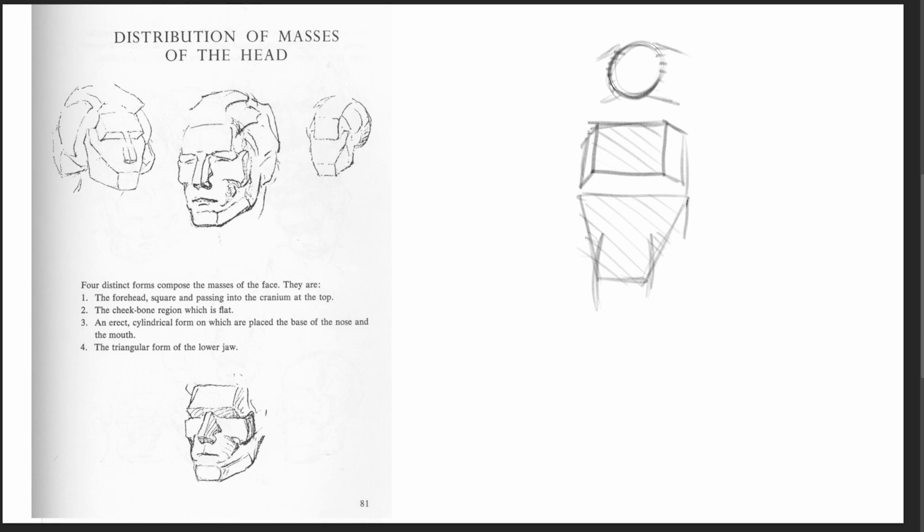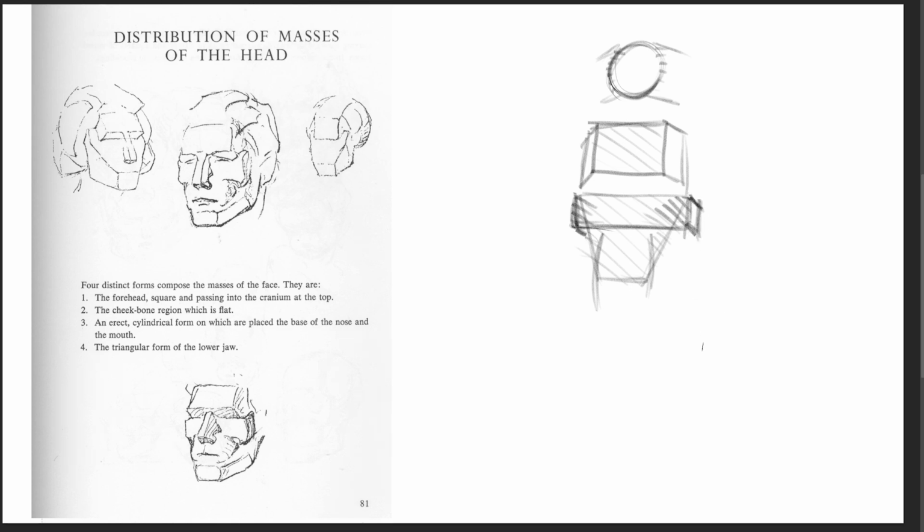The zygotes, which are the actual cheekbones themselves, are a block across here. There's kind of a part that sticks out on both sides of our face that's a little bit wider than the rest of the face plane. And that's over here. And it also passes to the side of the head.